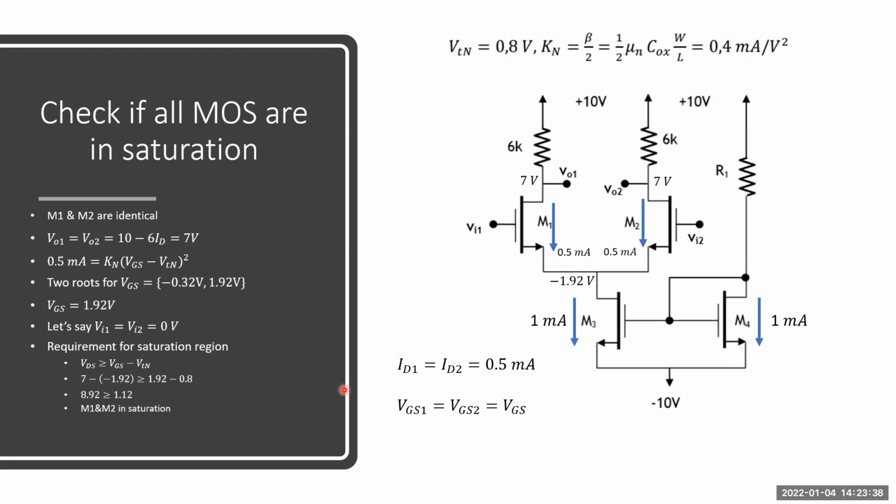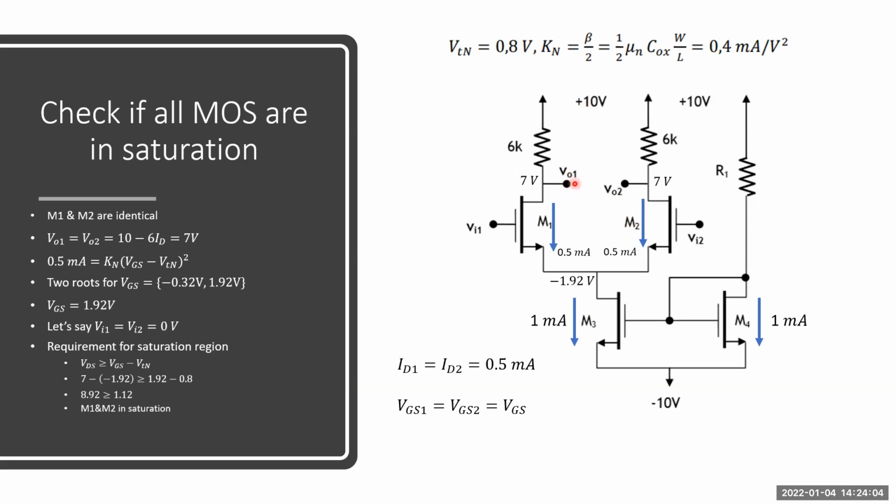Now we are going to check if all MOSFETs operate in saturation region. M1 and M2 are the differential input pair, and these are identical transistors. What about VO1 and VO2? At DC level, they are the same: VO1 equals VO2.